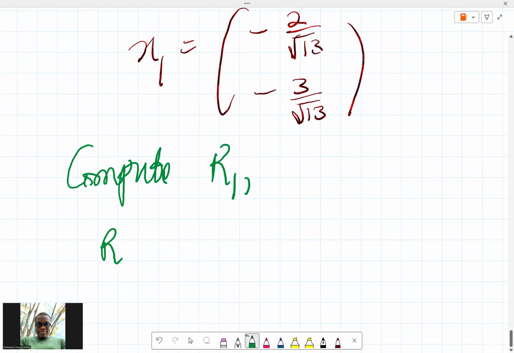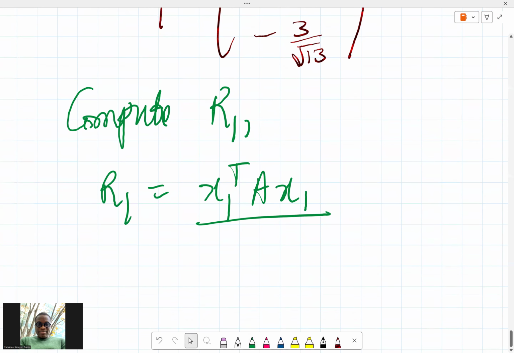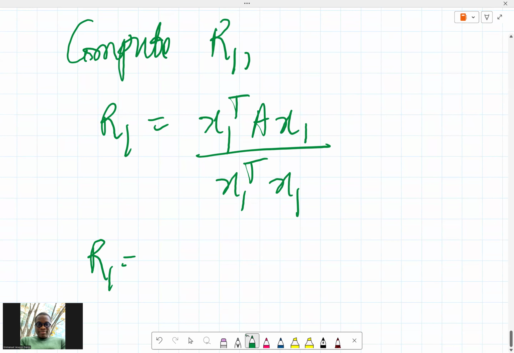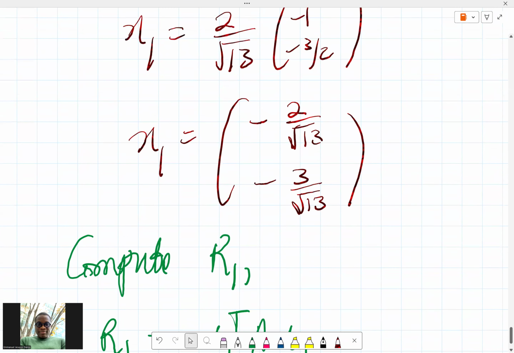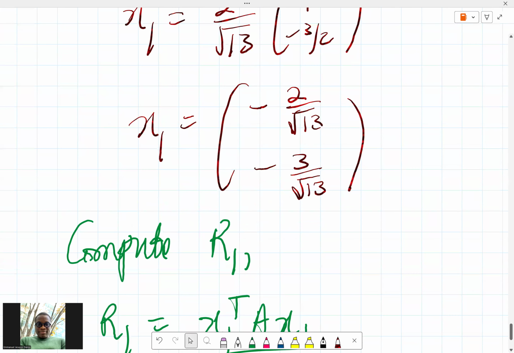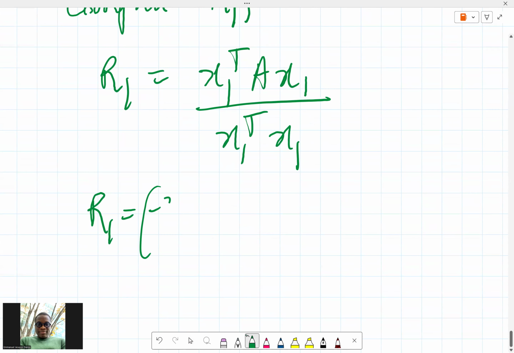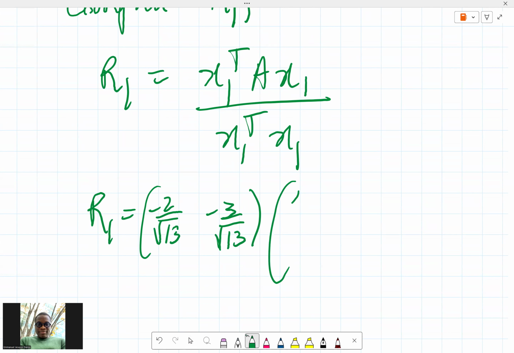So we have R1 equals x1 transpose A x1 all over x1 transpose x1. So that means R1 is equal to, what is x1 already? x1 is the thing we just got, (minus 2 over root 13, minus 3 over root 13), into A, which is 4, 1, 2, 3, right?